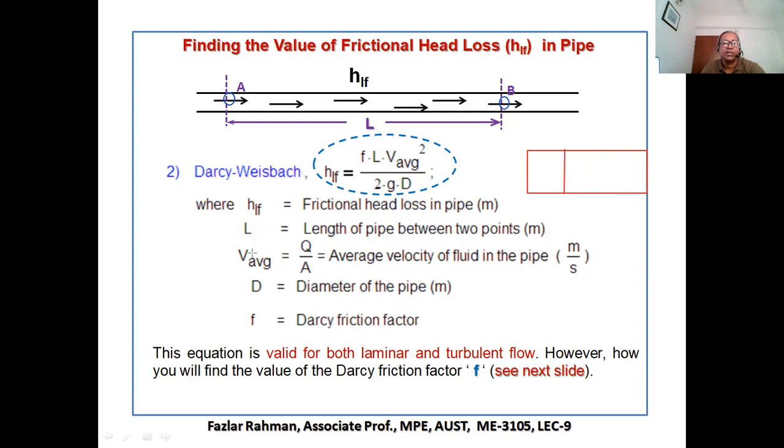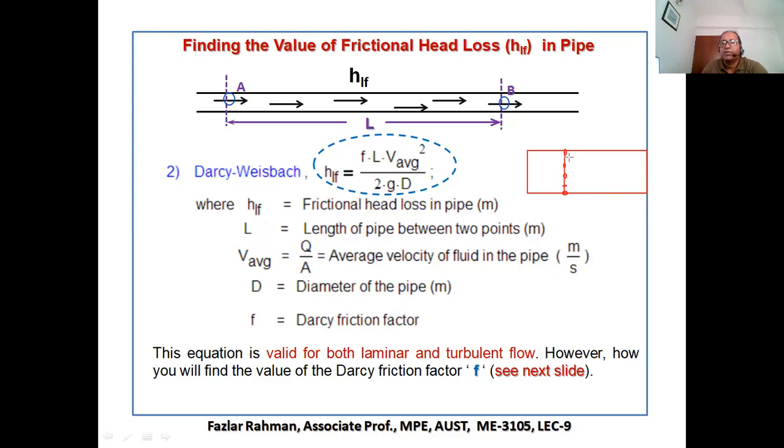That's why we just figure out V equal to Q by A. But in reality, what happens is that a fluid particle at the wall will not be able to move. Due to the viscosity, it will stick with the wall.